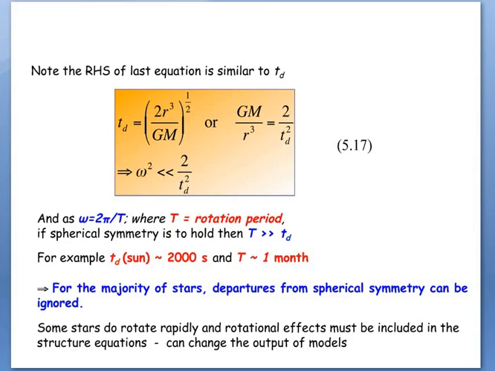Now you can use that acceleration as your acceleration due to gravity. So the free fall time scale will become root of radius divided by the acceleration due to gravity. And if you do the maths, you will get this term, where r is the radius.